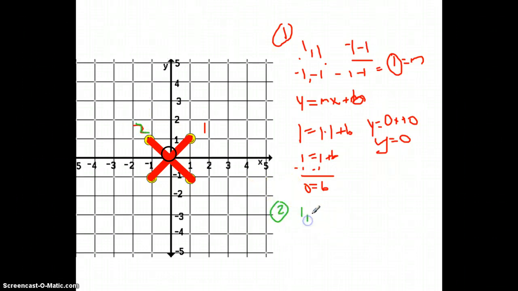You have the points -1, 1 and 1, -1. Let's get the slope again. There are some bad mistakes right here, but no biggie.